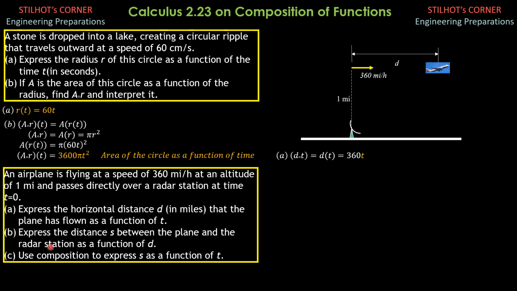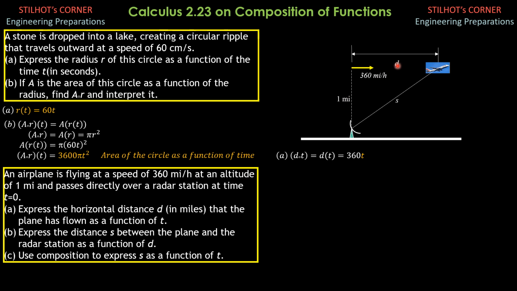For part B, express the distance s between the plane and the radar station as a function of d. So this is the distance of the plane from the radar station, denoted by s, and by Pythagoras theorem, s is the square root of d squared plus 1 squared, and 1 squared is just 1.